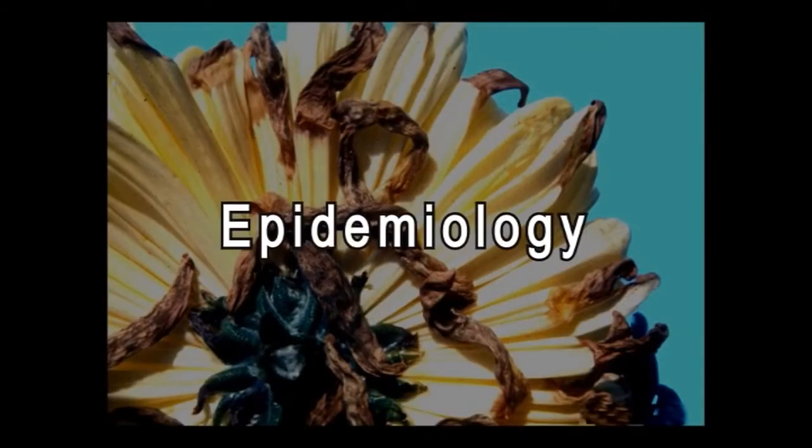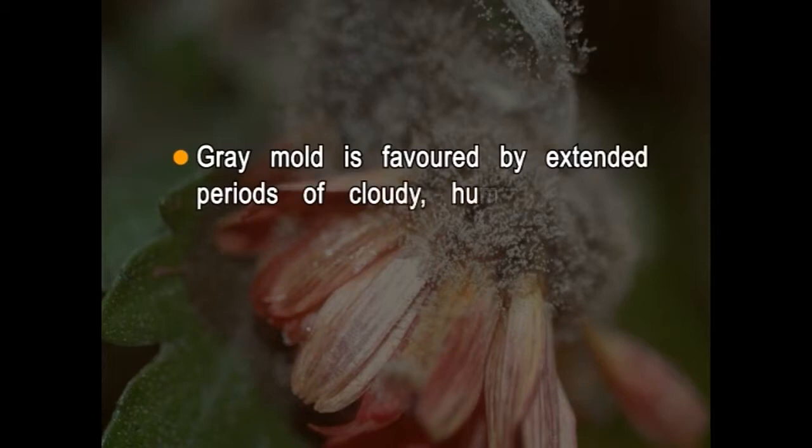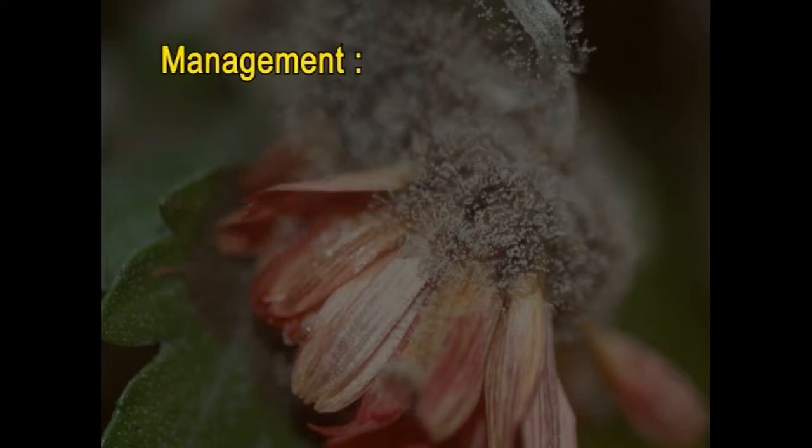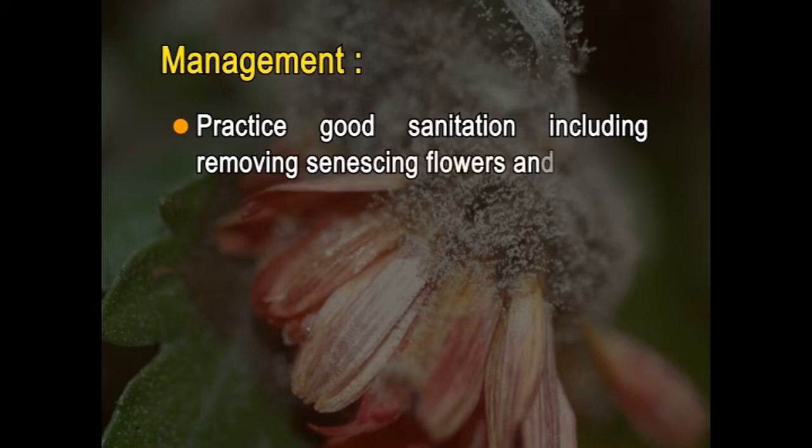Now let's see the epidemiology of grey mold. Grey mold is favored by extended periods of cloudy, humid and wet weather. So this is about the epidemiology of grey mold. Now let's see how to manage this disease. Practice good sanitation, including removing senescing flowers and leaves.